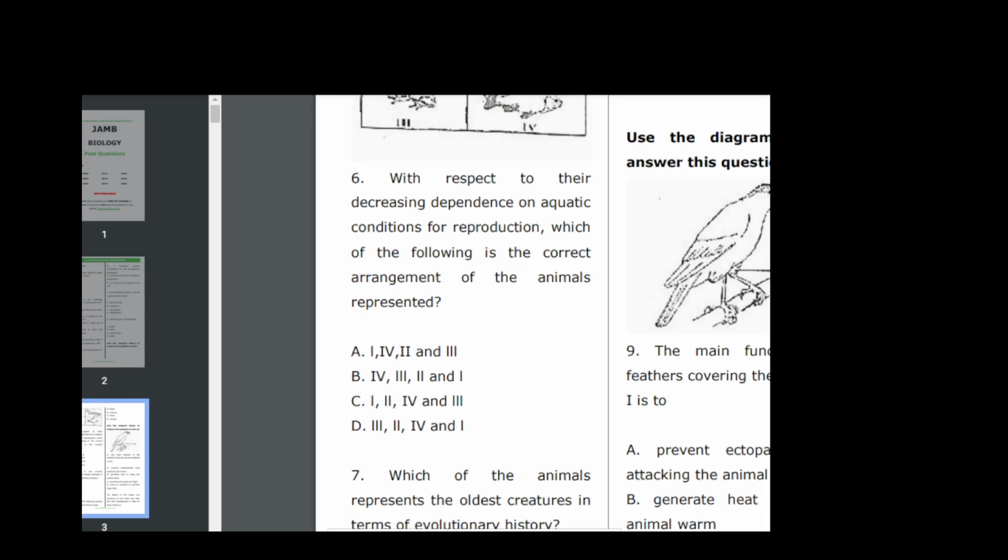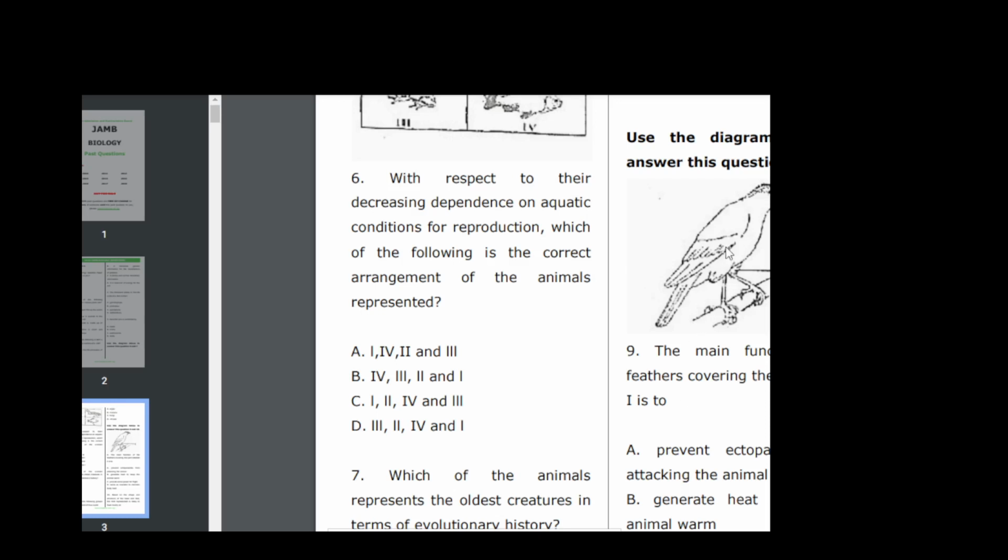The main function of the feathers covering the parts labeled I is dash.